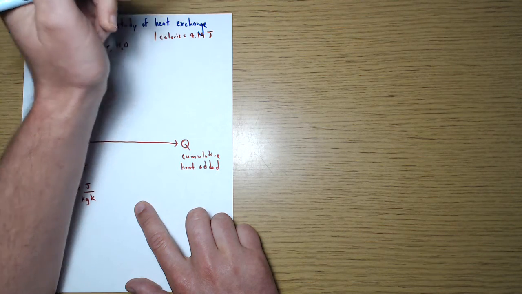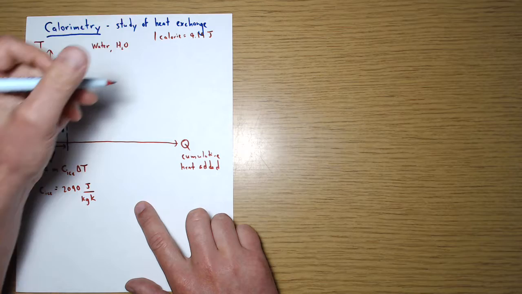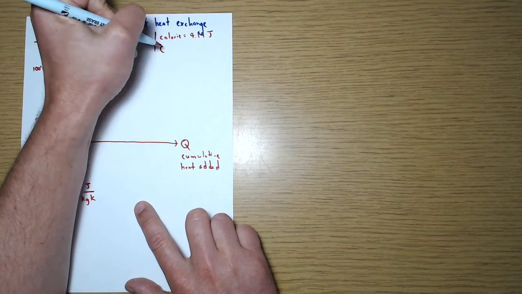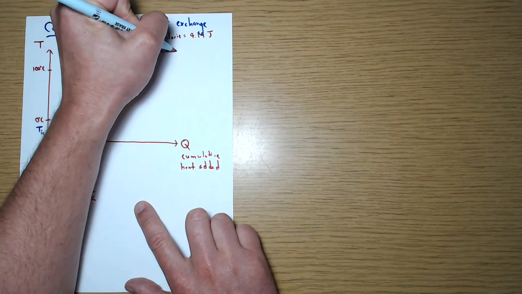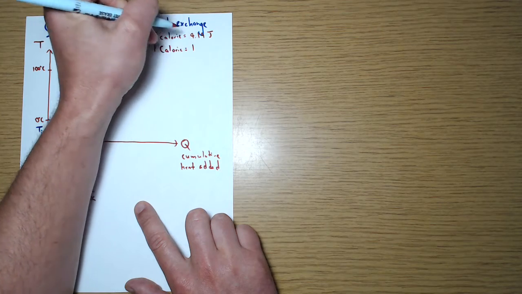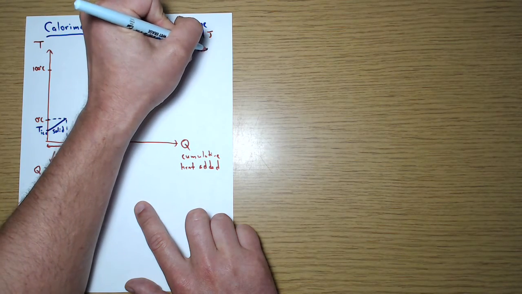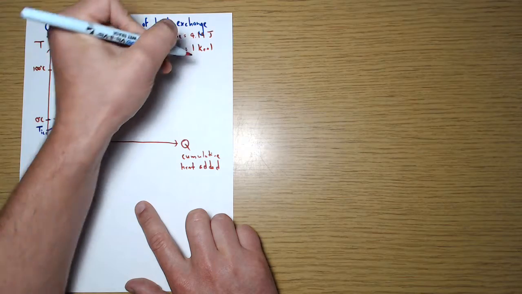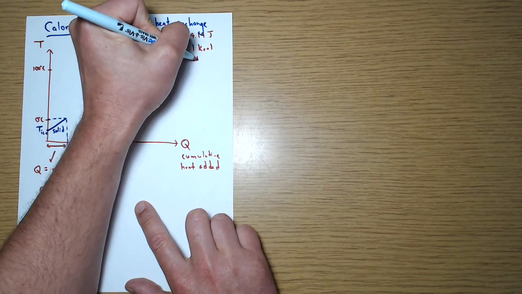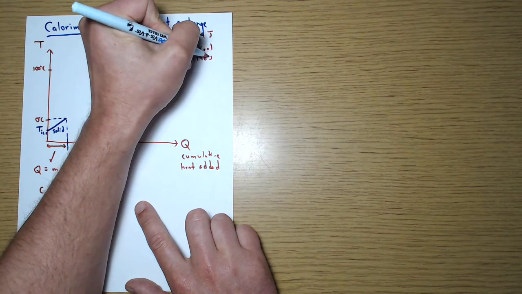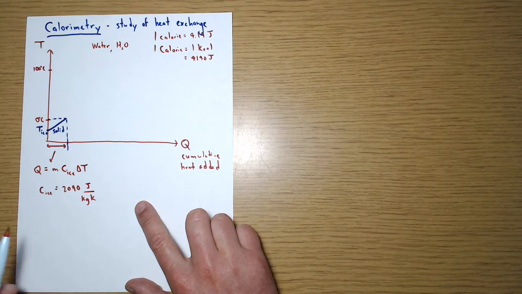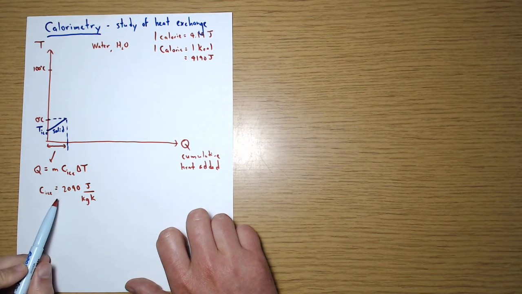However, a food calorie is normally given a capital C, and that is actually a kilocalorie. So that would be 4,190 joules. All right, so this is how much energy it takes.